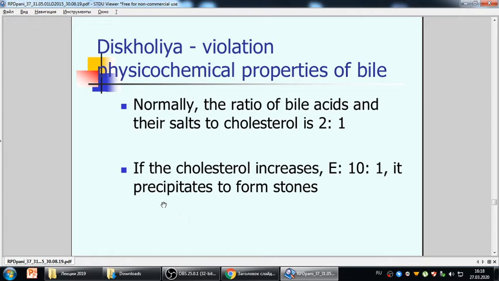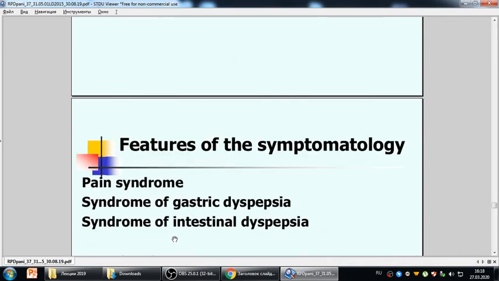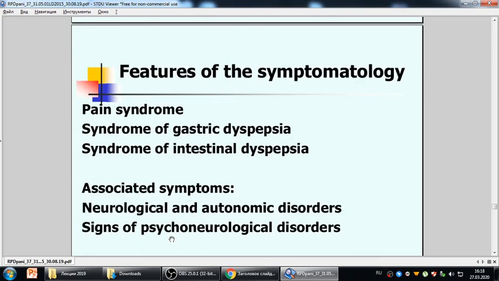If the cholesterol increases to 10 to 1, it precipitates to form stones, and cholecystosis will be associated with formation of stones, cholelithiasis.